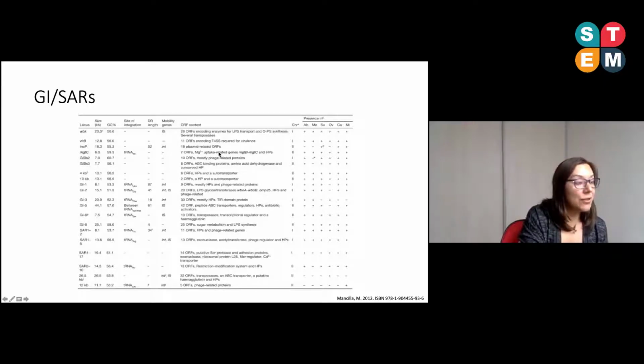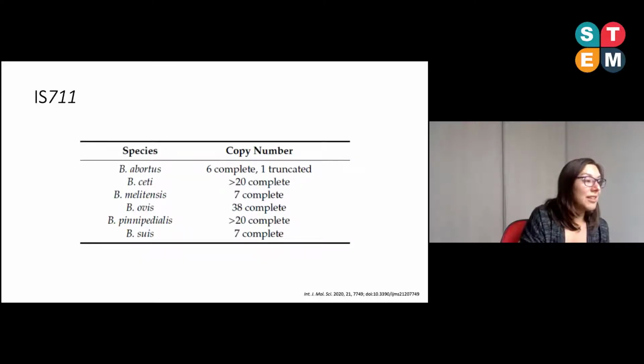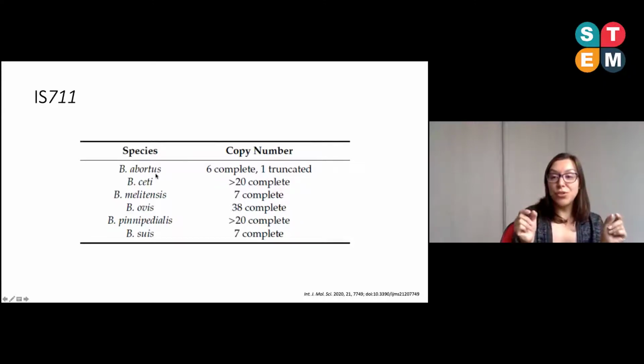And this set of genes encoded into the genomic islands provide some properties to the bacterium. And the IS711 not only can help us to induce the development of the pseudogenes and the insertion of these genomic islands, but the number seems to be specific for the Brucella species.